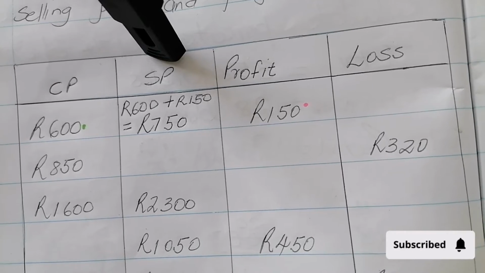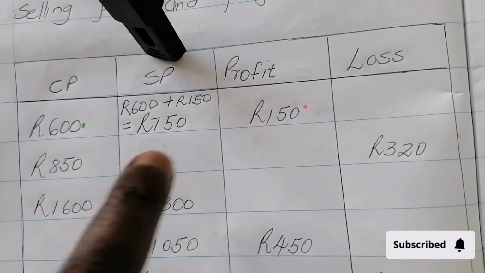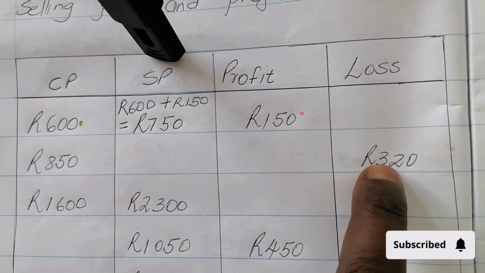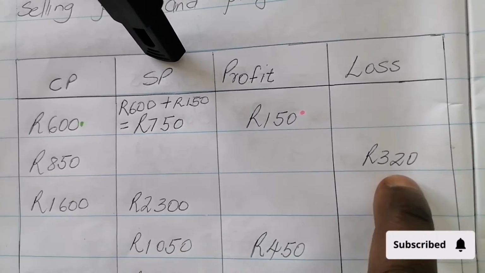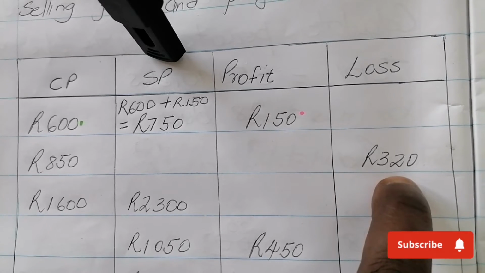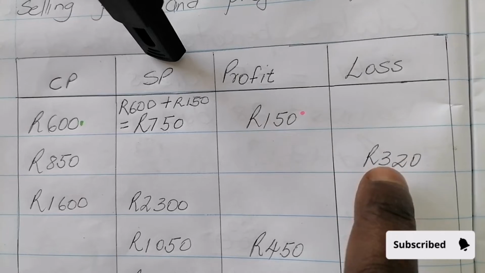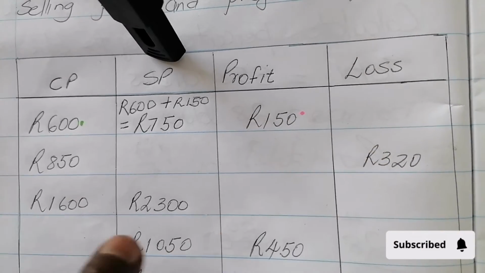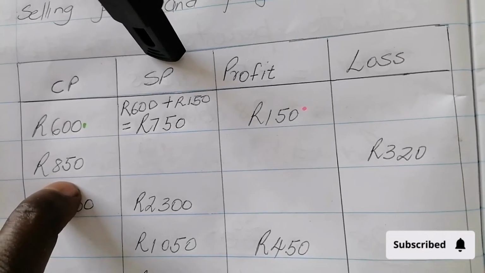The second one, we are given the cost price and the loss amount. How much is the selling price? If there is a loss of 320, how much is the selling price?